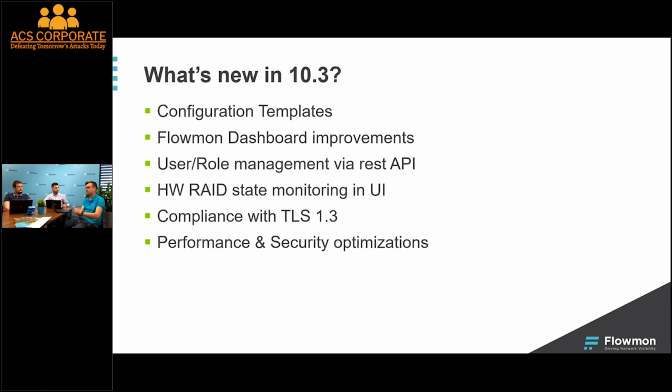So you can check compliance of the usage of the cipher suite and the strength of the cipher suite. So this is why it was important to support this TLS 1.3 protocol, and then another group of improvements is performance adjustments, security optimizations, new kernel, new PHP. So this is the agenda. So let's jump into the demo.